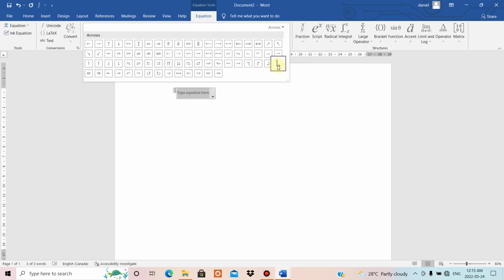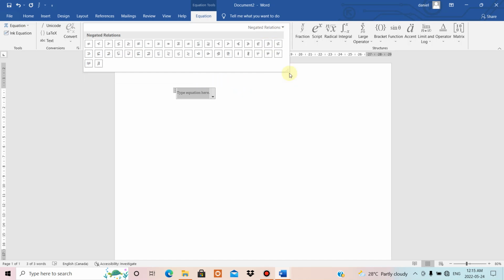The next is the arrows. These arrows can be used to show direction, to show whether a variable approaches or another expression approaches another. You can find this arrow also in the symbol area. We have negated relations.